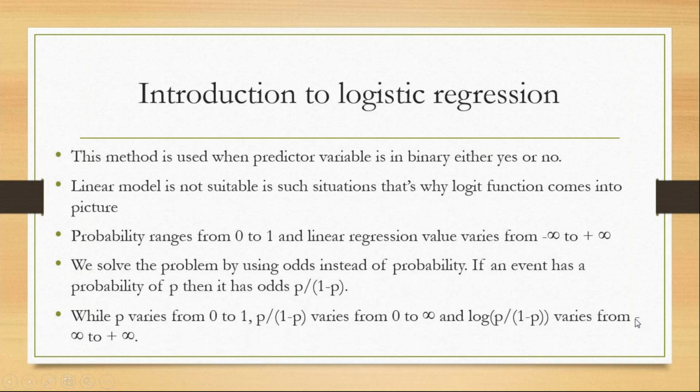So this is what the logit function does. It scales it up. Where I had my probability from 0 to 1, it has scaled it up to minus infinity to plus infinity. That is why we use this logit function, and hence the entire process is logistic regression.